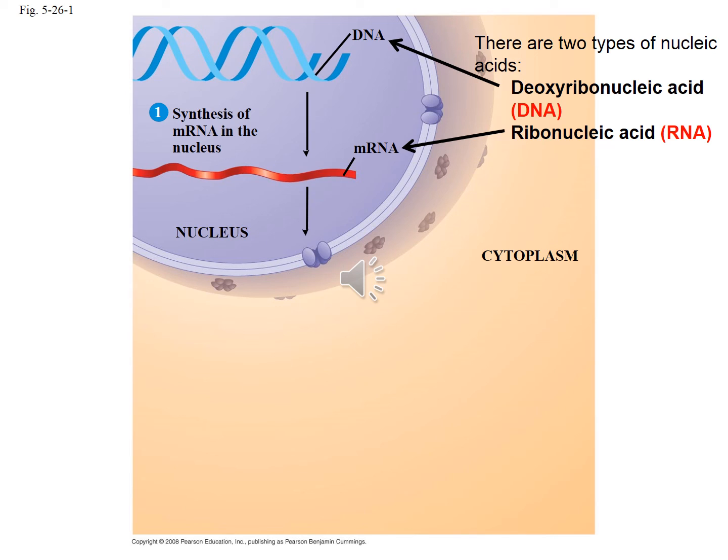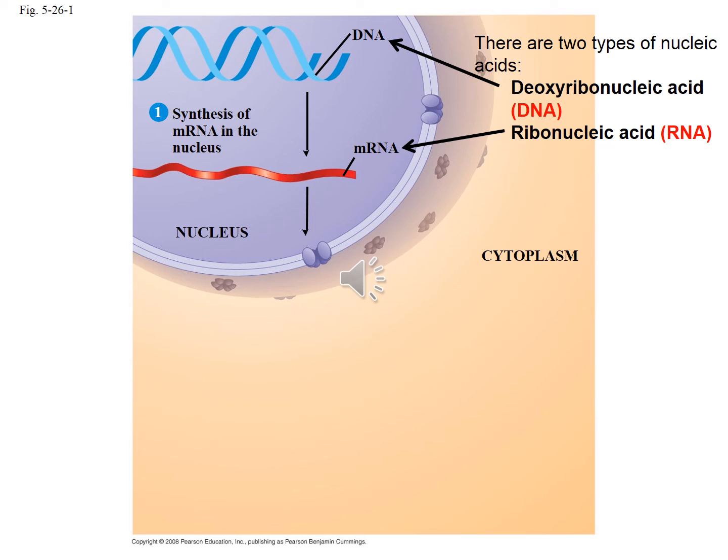Okay, a copy of your DNA is made. That is a single strand, which is this red ribbon, of mRNA. And that RNA is called mRNA because it will take the message of your DNA and it will take it outside of the nucleus.